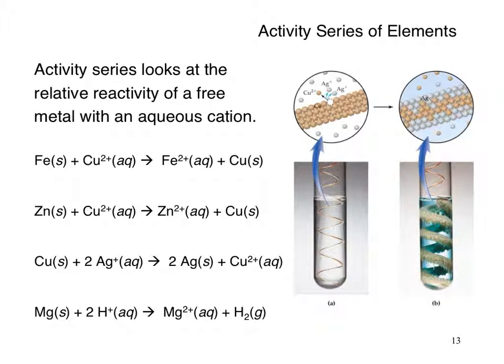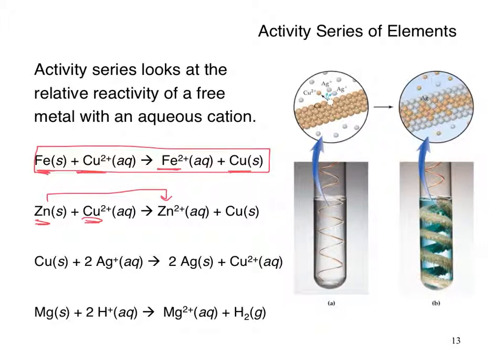I have essentially iron and copper ions, that gives you Fe2+ and copper. We actually saw this equation earlier in the first screencast, I think. And then zinc and copper, if you have them react, then zinc is going to get converted into zinc ions and copper will be reduced to copper.